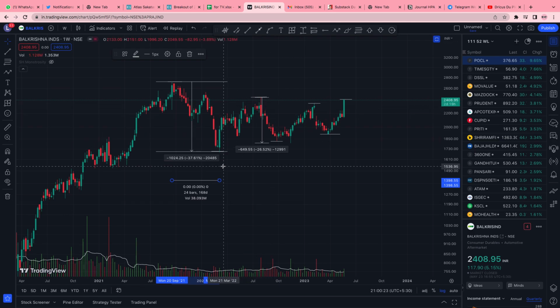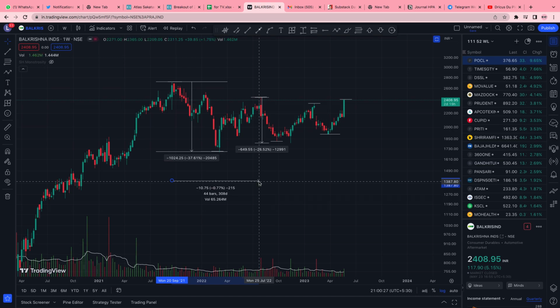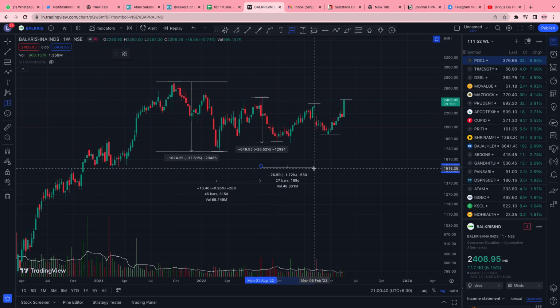Okay. Actually, to calculate this, you can do this, because from here the second contraction started, right? So this is part of the first contraction. So 315 days. Then the next contraction from this top to where the contraction finished took only 189 days.